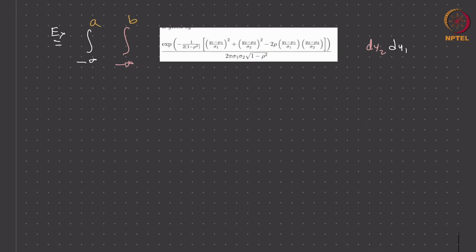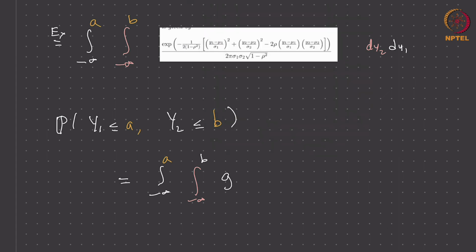What have we shown? We have shown the probability that y1 less than or equal to a and y2 less than or equal to b is given by the integral from minus infinity to a, in orange, minus infinity to b, of g of y1 and y2, dy2, dy1.